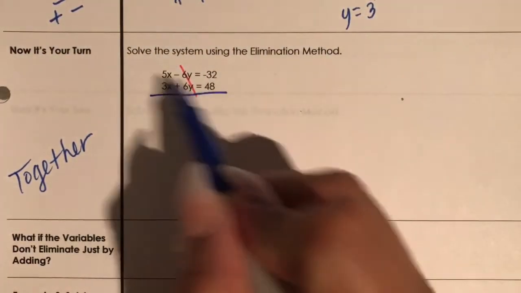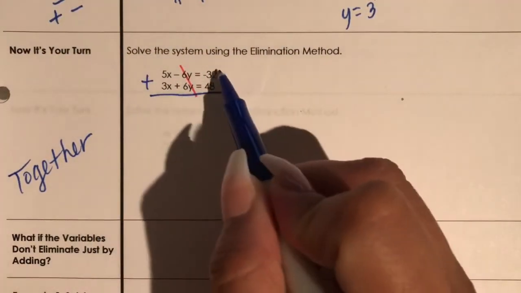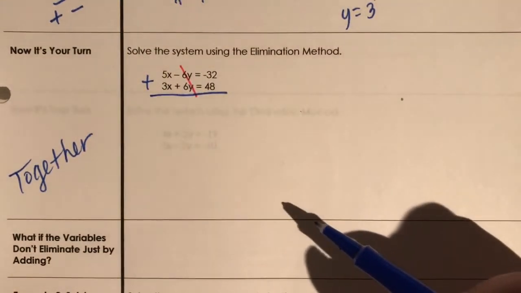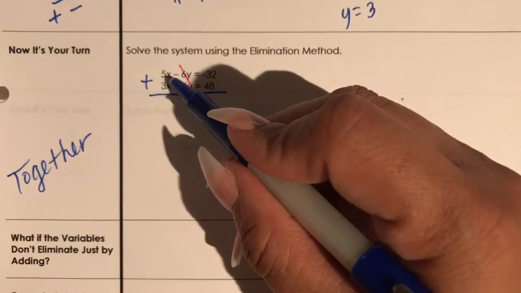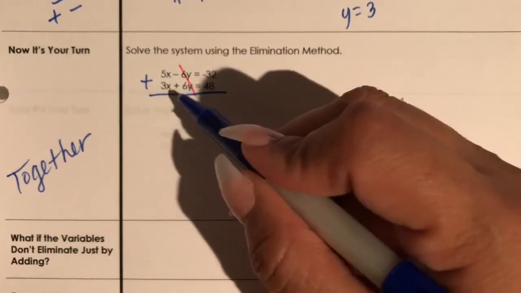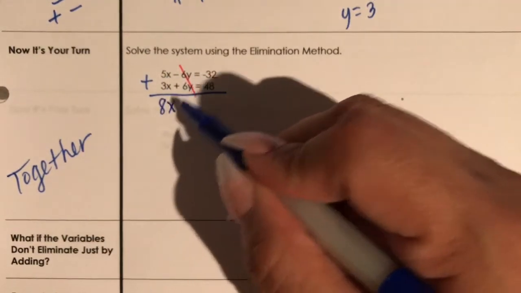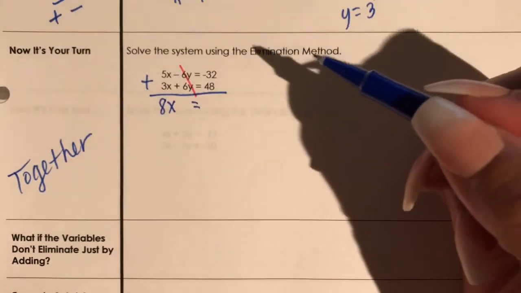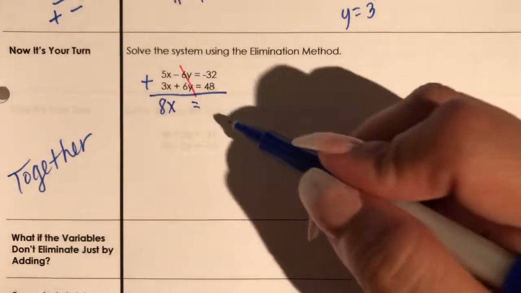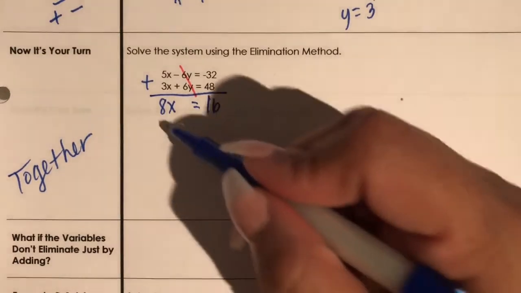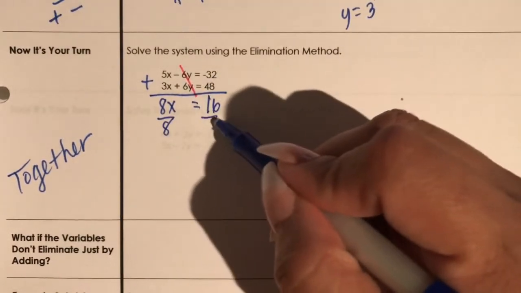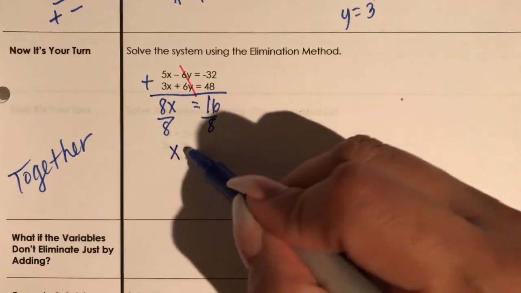I'm going to add vertically, linear, from left to right or right to left. 5x plus 3x is 8x equals 32 plus 48 is 16. We want to solve for x. 8, divide both sides by 8, x equals 2.